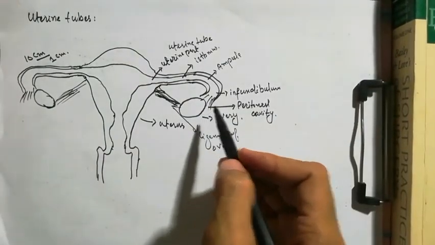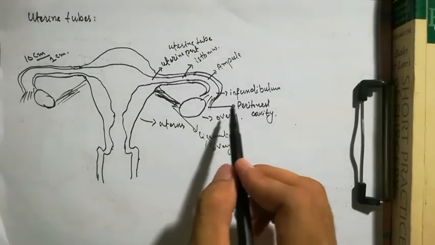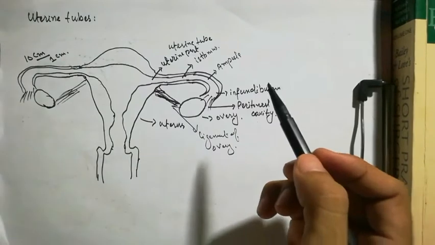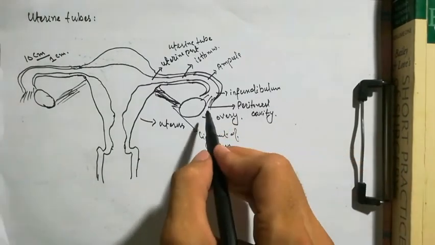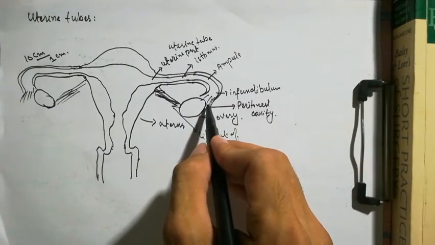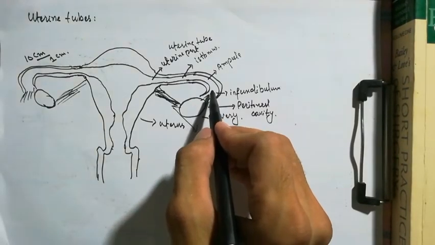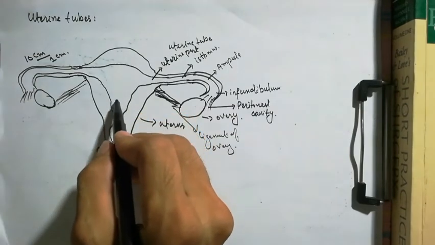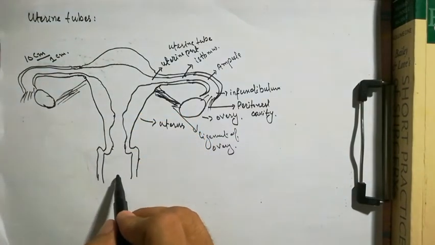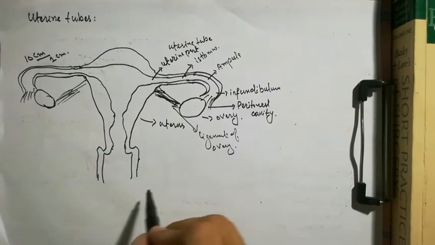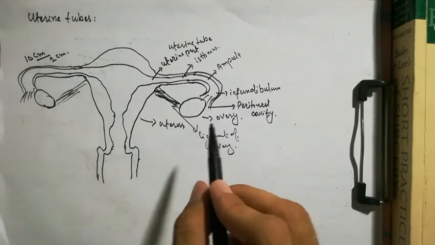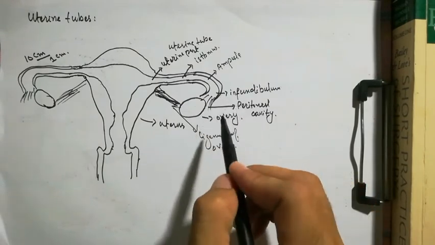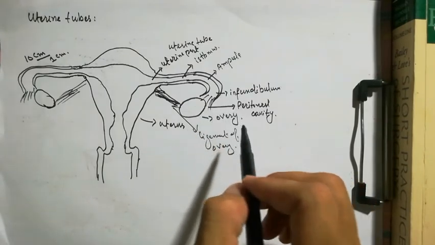In females, unlike males, peritoneal cavity is continuous with the exterior of body, through lumen of uterine tube, lumen of uterus, cervical canal, vagina. But not in males.